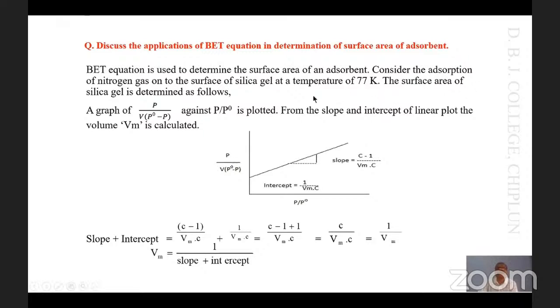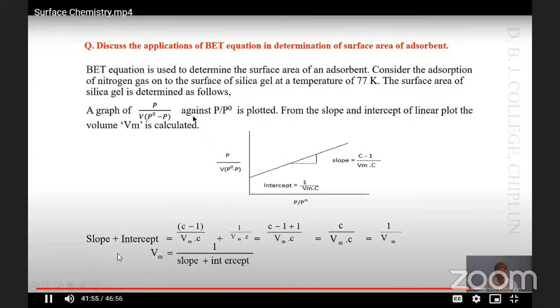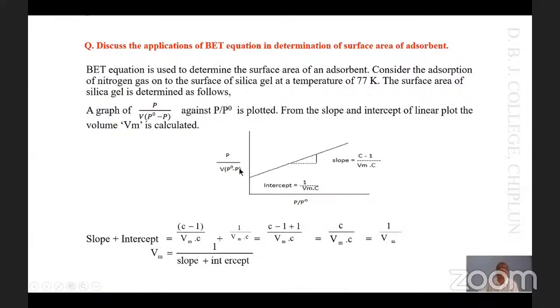The surface area of the silica gel is determined as follows. A graph of P upon V(P0 minus P) against P upon P0 is plotted using the experimentally obtained values. From the slope and intercept of the linear plot, the volume Vm is calculated.